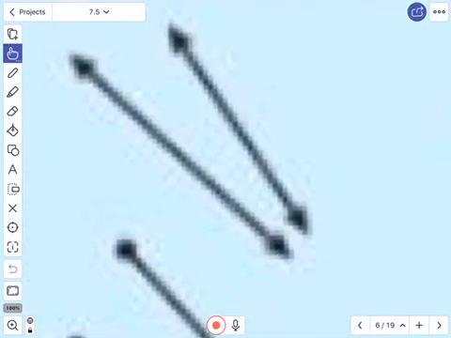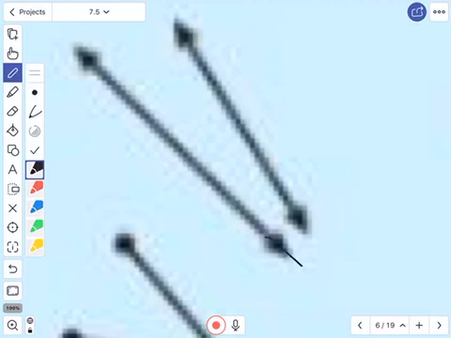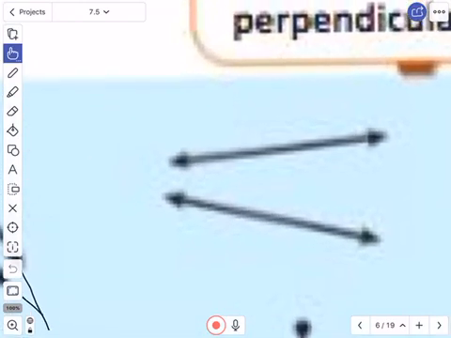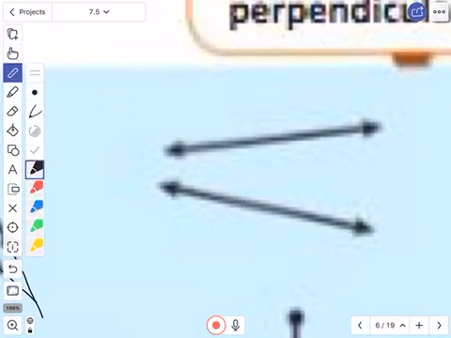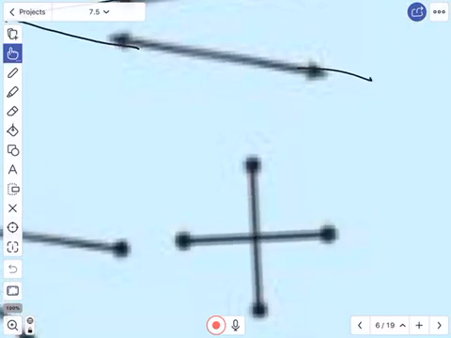Right above them, these are lines that aren't touching right now, but if I kept drawing these lines, eventually they would touch, so that's called intersecting. Same thing with these lines right here. If I were to keep drawing these lines, they won't touch going that way, but they'll touch right over here, so that means they're intersecting.